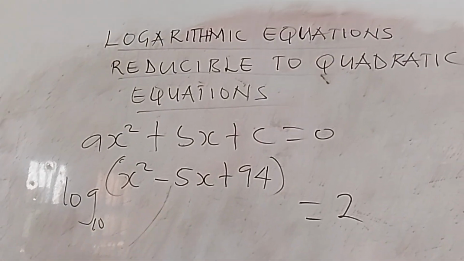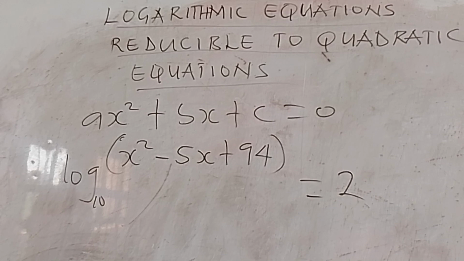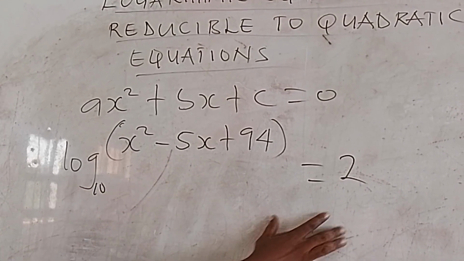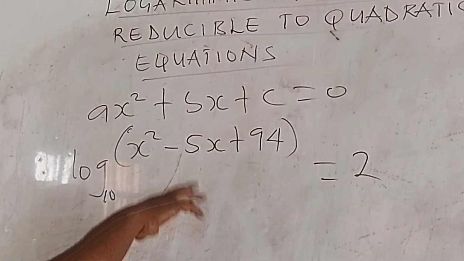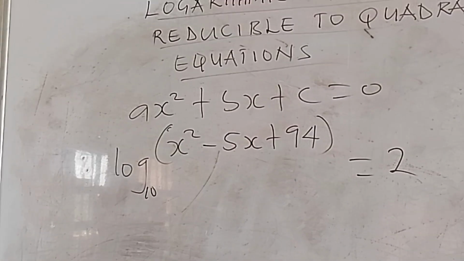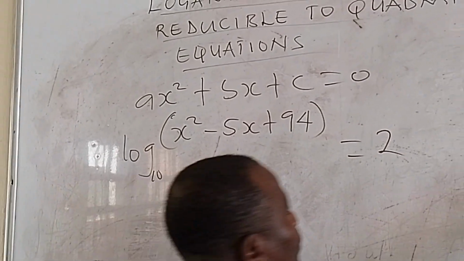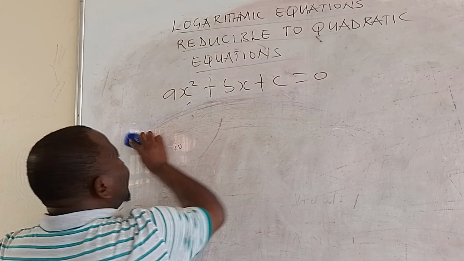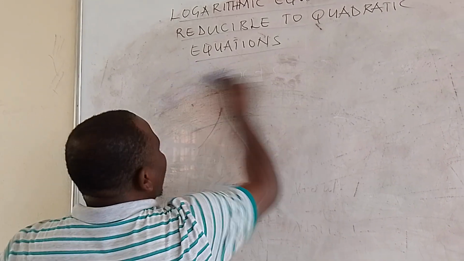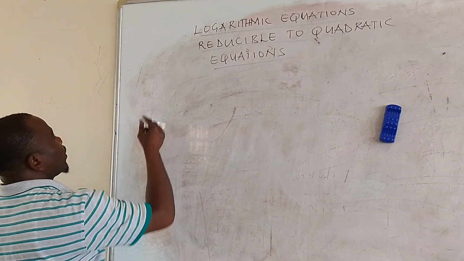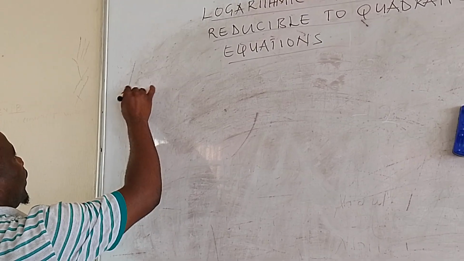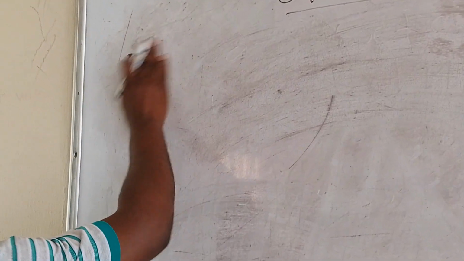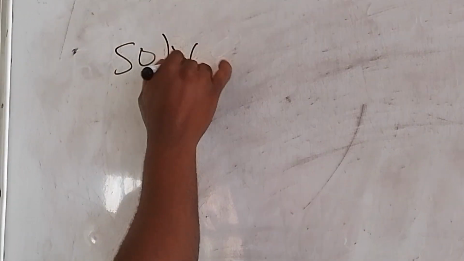We will make use of this as an example. How can we reduce this logarithmic equation to a quadratic equation? Let's look at it. Find or solve for x.